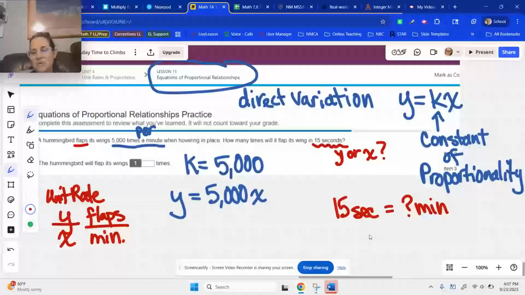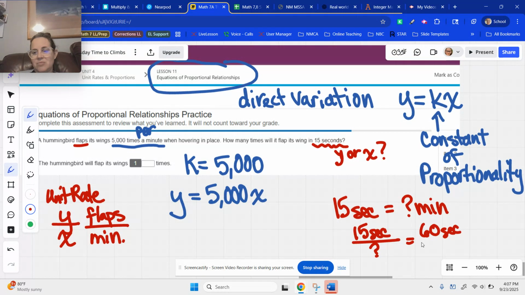There are a couple ways I can think about this. So 15 seconds over question mark is going to equal 60 seconds per 1 minute. Here I want to think about how many times I'm having to multiply or divide.